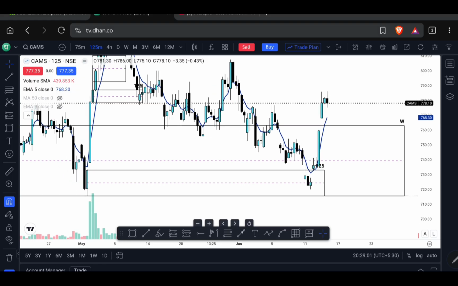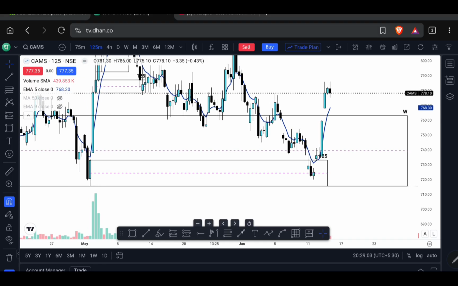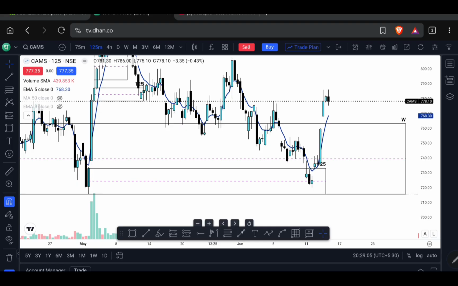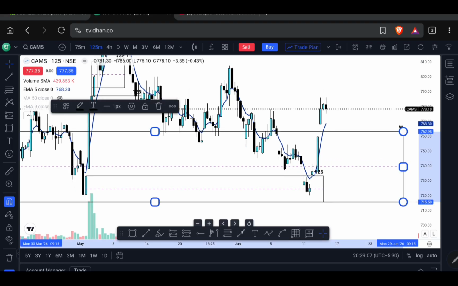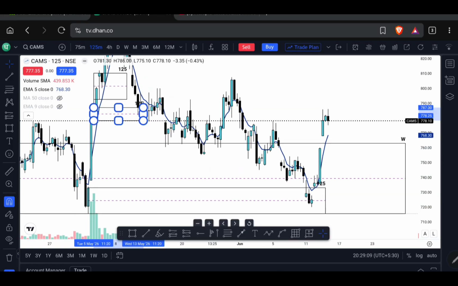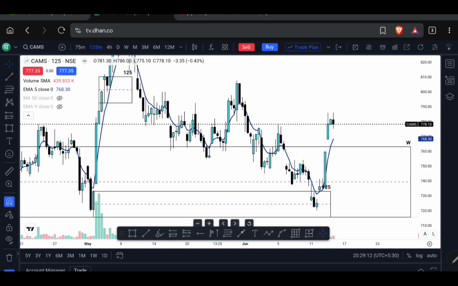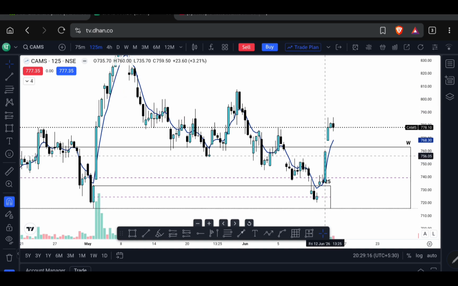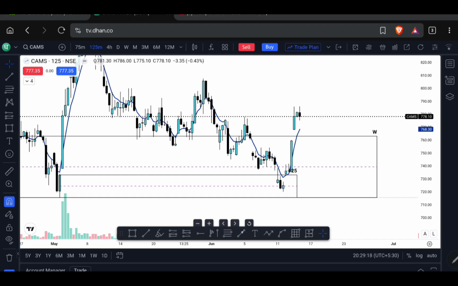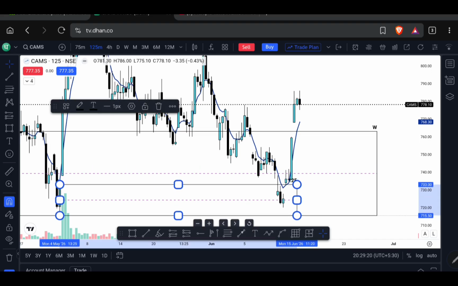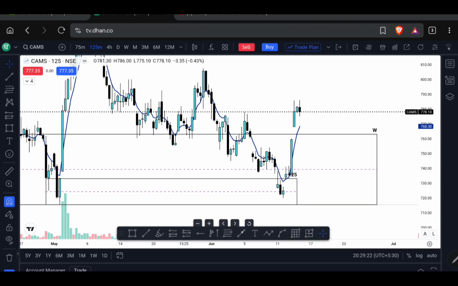So the thing we have to look for is when the price hits this higher time frame demand zone, that is weekly or any demand zone which we will be considering as the higher time frame demand zone. Here in this case, our higher time frame demand zone is weekly.